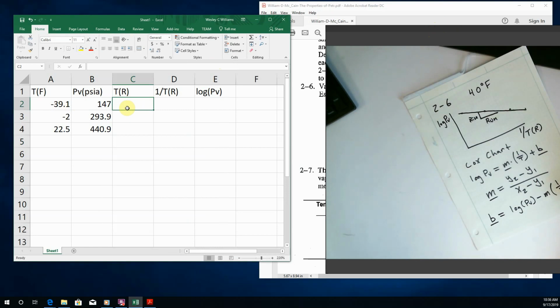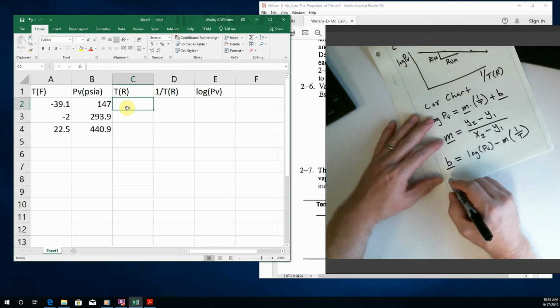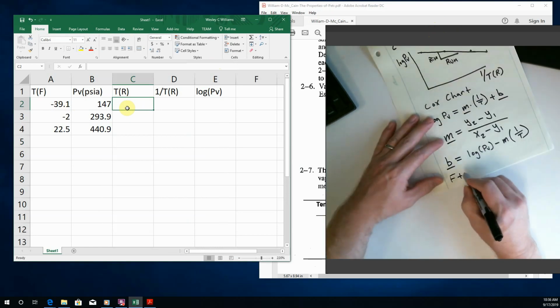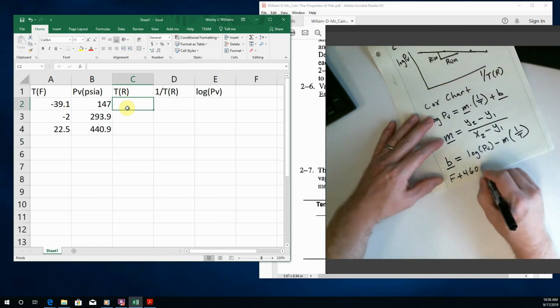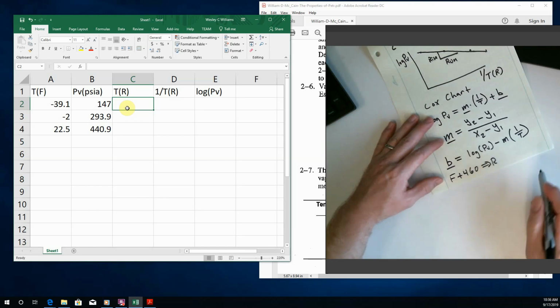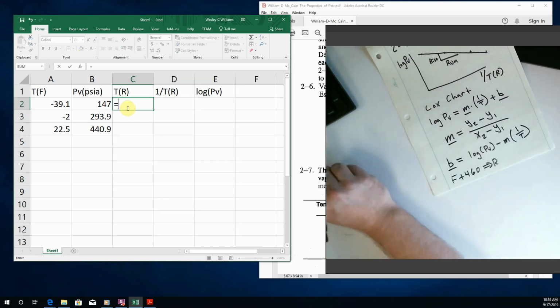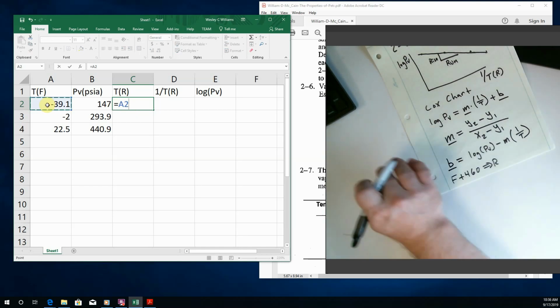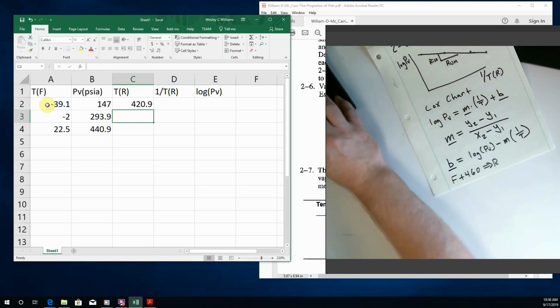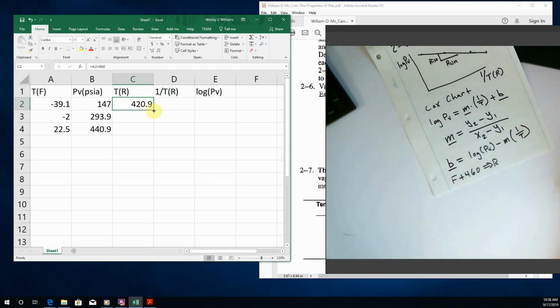The way you translate that is Fahrenheit plus 460 is going to give us Rankine. So I can go ahead and put that in. Plus 460. So 420 Rankine. Then I can copy those cells down. That gives us nice values.